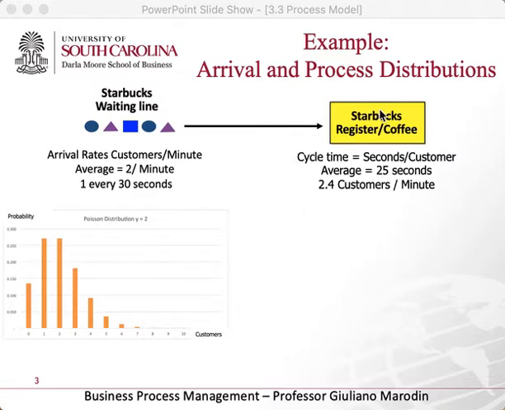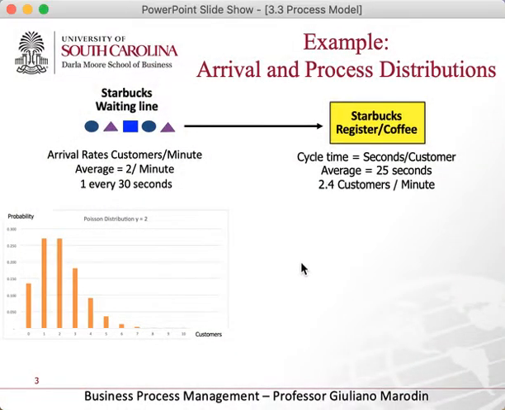And now we're only considering that the average is 25 seconds. So it means that every coffee is going to take 25 seconds to produce. Every coffee, doesn't matter if you make just an American coffee, or a chocolate white mocha with soy milk and whipped cream and vanilla and whatever else you can put in it.